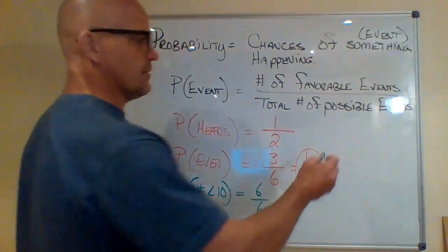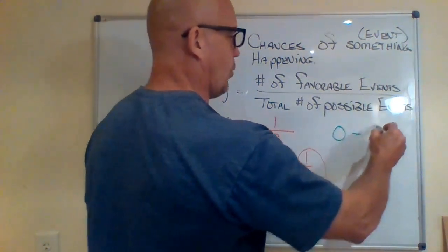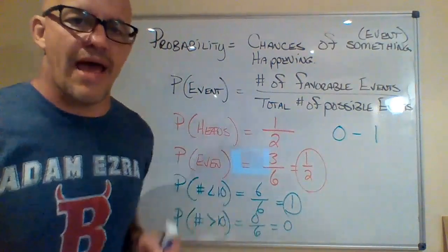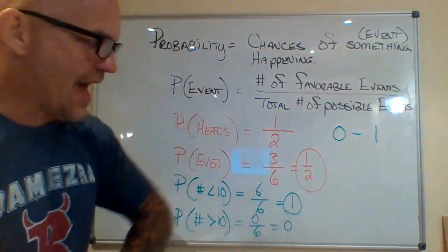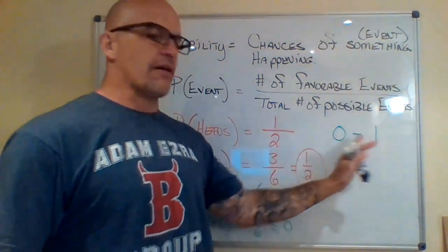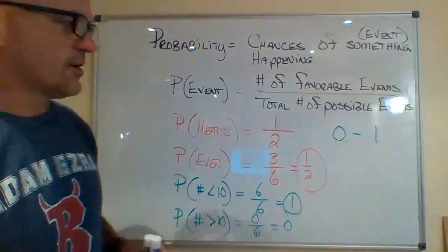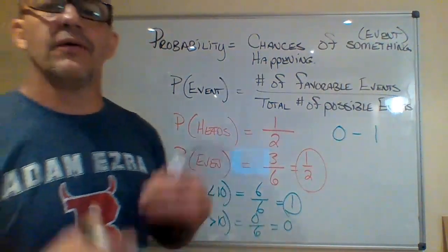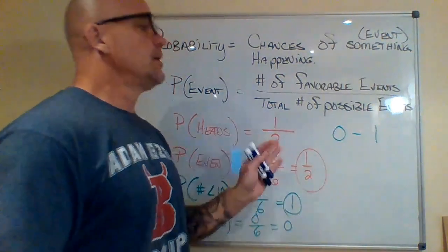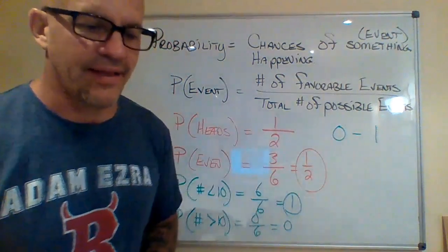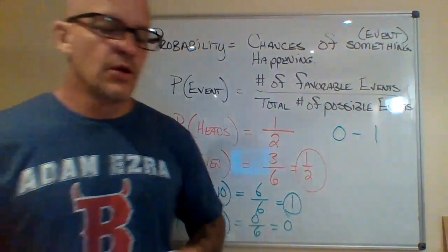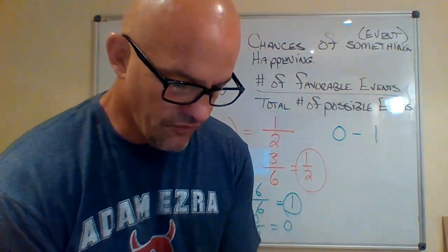So we're looking at a range of probabilities between 0 and 1, 0 meaning cannot happen, 1 meaning has to happen, and any fraction therein is the probability of that occurring. Of course, the closer it is to 0, the less likely it's going to happen. The closer it is to 1, the more likely it is going to happen. So that's a real quick review of probability.